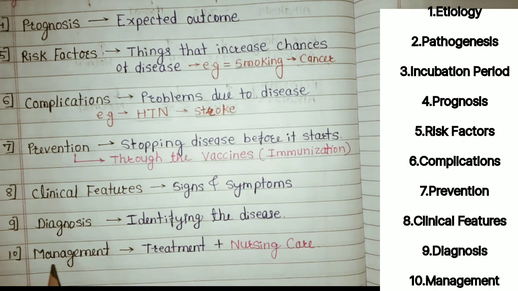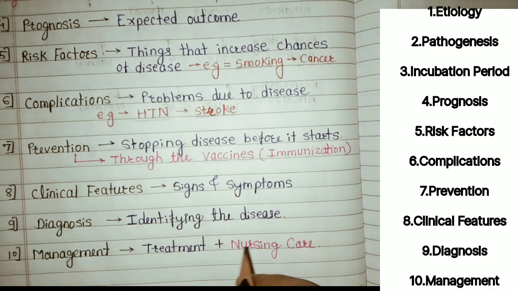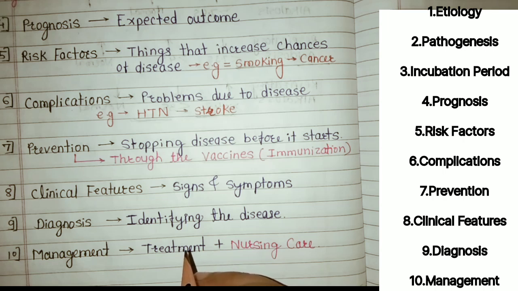After that, management, the treatment plus nursing care. Above, we covered how disease occurs, why disease occurs, what complications we see, what the risk factors are, what the preventions and clinical features are, and all these points combined lead to the end point, which is management.